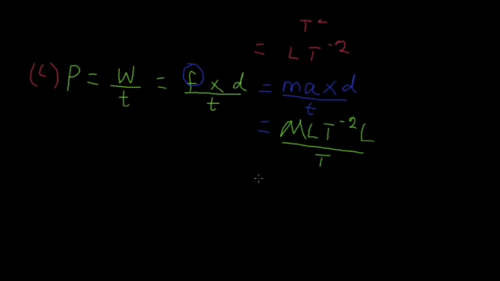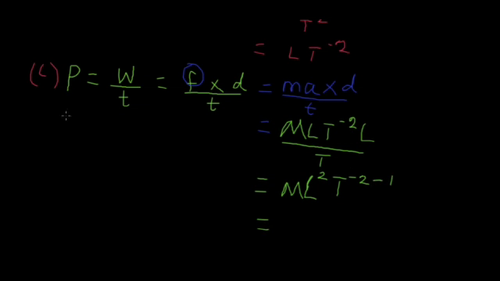That is the same as saying M, using your laws of indices, L times L, the bases are the same, so we add that up, 1 plus 1, that is 2. Then we have T minus 2 divided by T, that is T raised to power minus 1. The bases are the same. When you are doing division, you subtract, so there is minus 3.